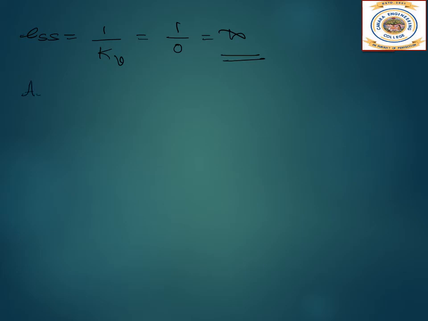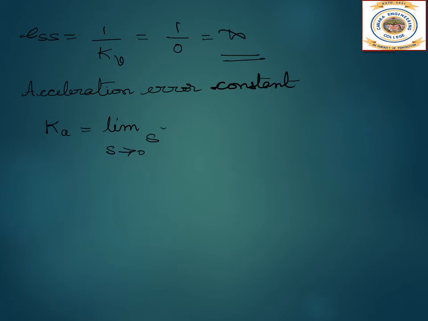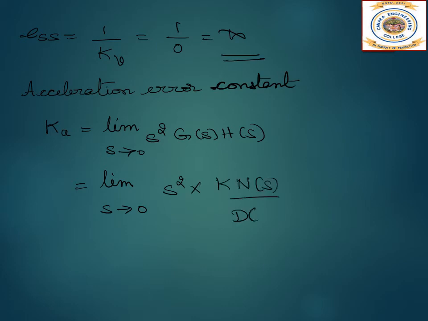Next is the acceleration error constant. Here Ka is equal to limit s tends to 0, s square G(s) H(s). So limit s tends to 0, s square into K into numerator and denominator.